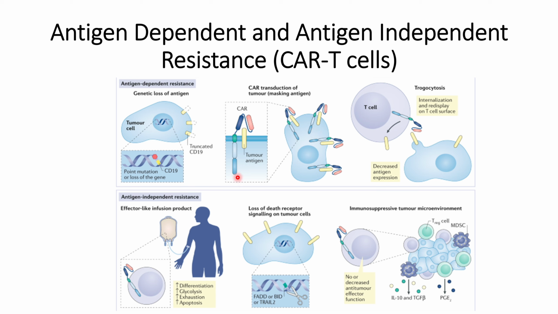Because of that, this kind of situation might occur, in which the tumor antigen is masked by the chimeric antigen receptor, as can be seen here. And instead of killing those tumor cells, what these CAR T cells are doing is preventing those tumor cells from being detected by the immune system and helping the tumor cells to grow.